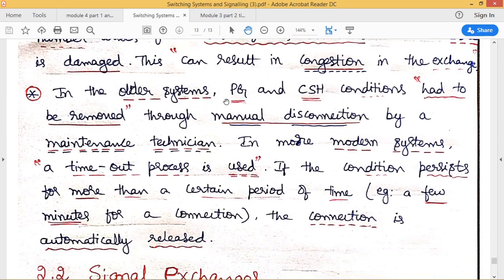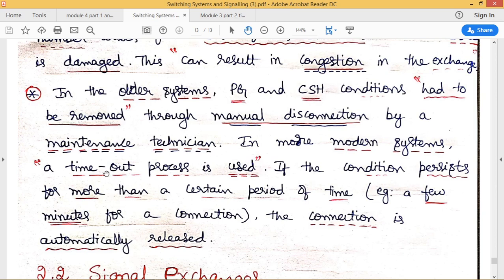In the older systems, PG and SCH conditions had to be removed manually, through manual disconnection by a maintenance technician. But in modern systems, a timeout process is used if the condition persists for more than a certain period of time.